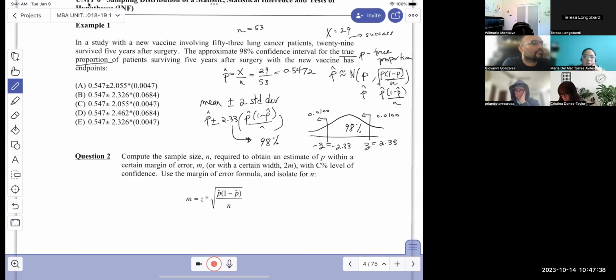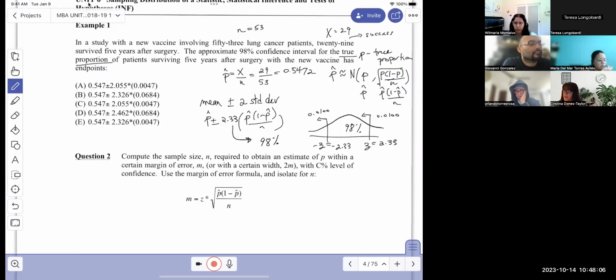This value here we're going to give a name. It's called the critical value, and it depends on the size of the interval that I want, which we call the confidence interval. It's going to be larger the larger the level of confidence, and we'll talk about that as well, because it's going to spread out this area more and more.